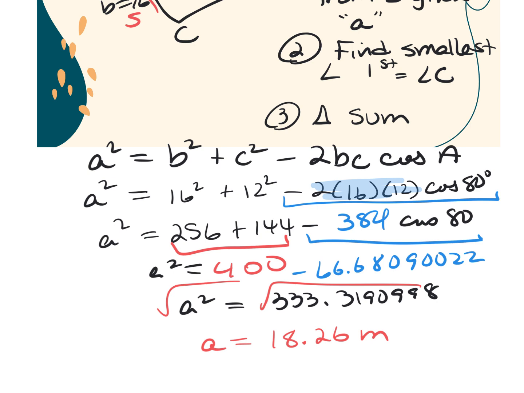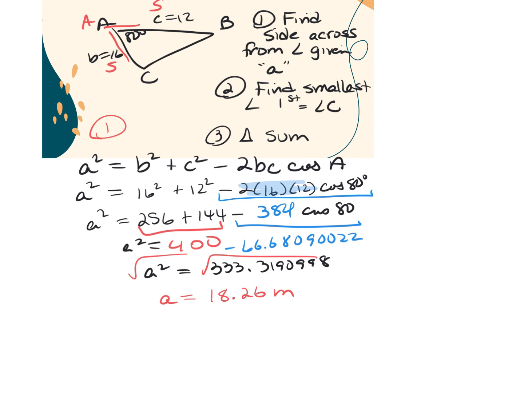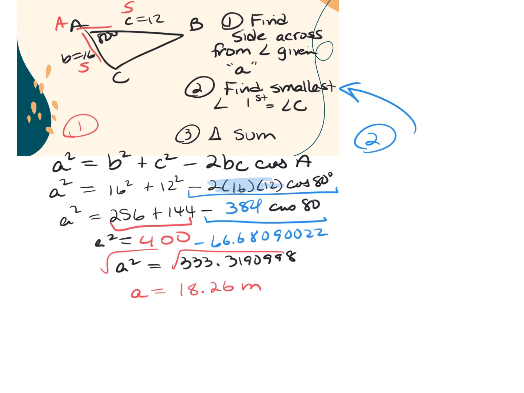Next, I'm going to work on finding my smallest angle. So this was step 1. Step 2, I'm finding the smallest angle, which is angle C. So I'm going to take A over sine A and C over the sine of C. I just found A, it's 18.26, over sine 80, which was the angle given to me.